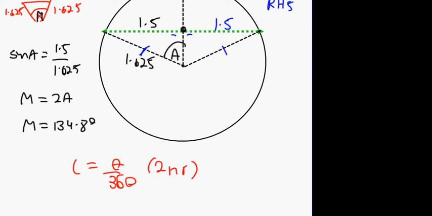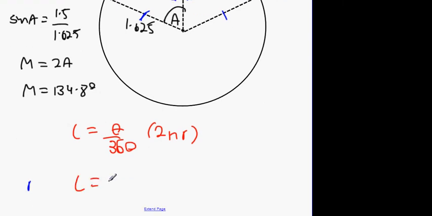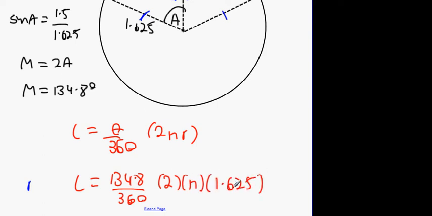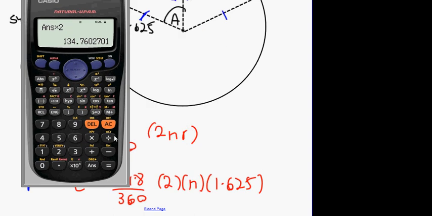And what that is going to equal is L equals 134.8 divided by 360 multiplied by 2 times pi times a radius of 1.625. And we're going to get there. Going to just divide that by 360. I think Foley might beat me to it. And then multiply by 2, multiply by 1.625. What do you get?